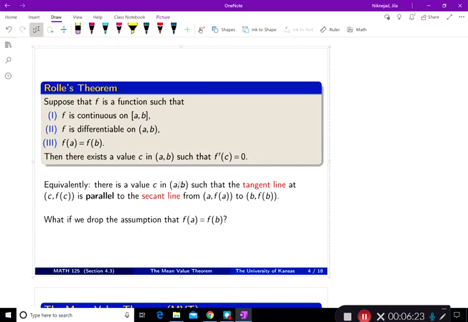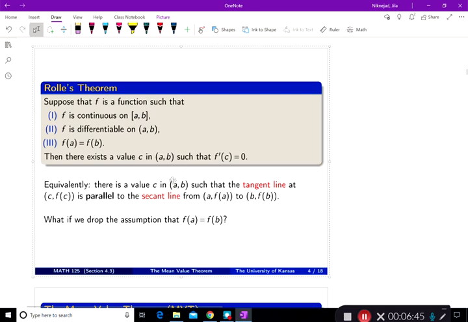So what happens if f(a) is not equal to f(b)? If we change Rolle's theorem so that f(a) is not equal to f(b), would the statement we said before still work?